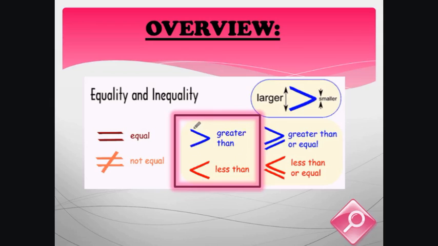So I want to make sure that we all understand that greater than is pointing to the right with the bigger part open to the left. And less than is pointing to the left. One way that I always remember that is that it makes an L, almost. If you would tilt it to the side, it would almost look like an L for less than. That's just one way that it helps me to remember the difference between my inequality symbols.